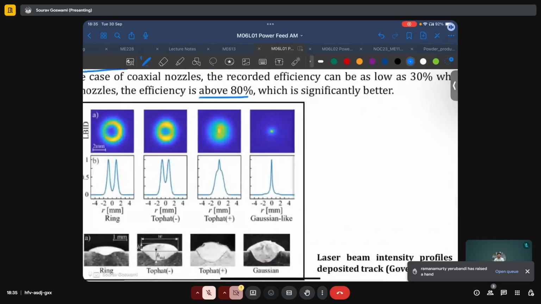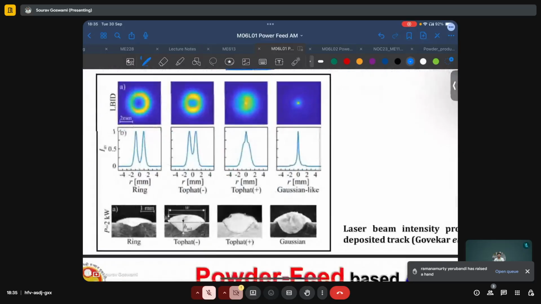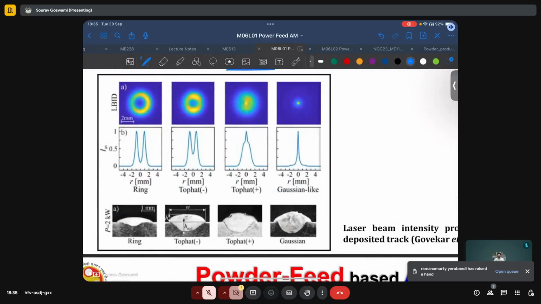And since we were discussing these laser cross-section profiles, here we have another example of different types of laser beam shaping. We have a ring profile, where if you trace a line along a cross section, you will get these two peaks wherever this line is encountering the ring.